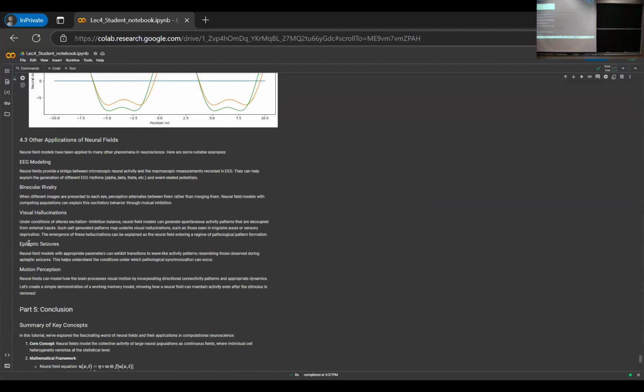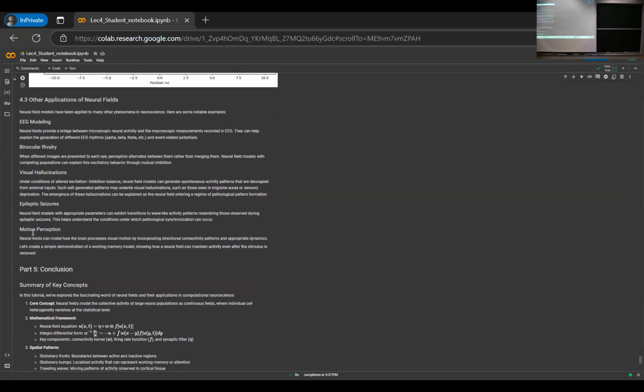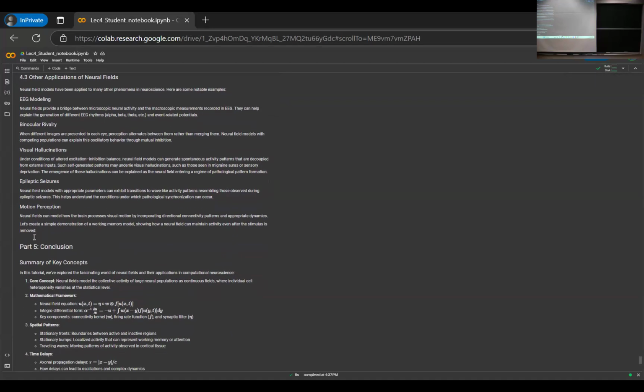Then motion perception and epileptic seizures. John talked about motion perception as well, when your attention is tracking the movement of the stimulus, which would emerge out of the field equations as well.